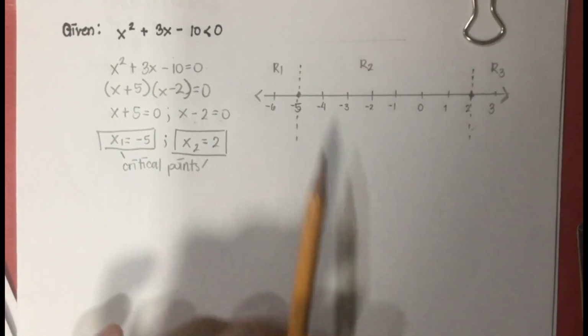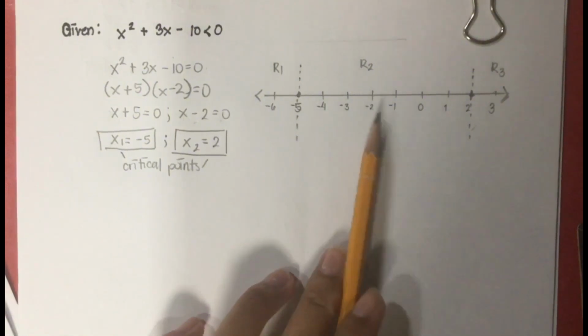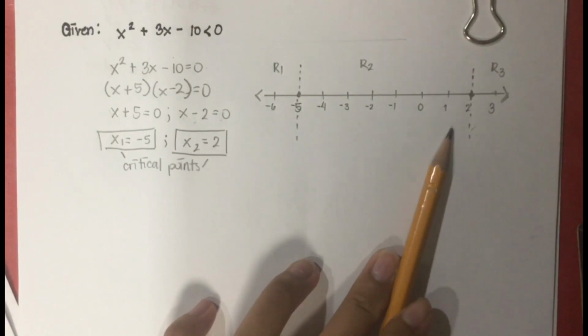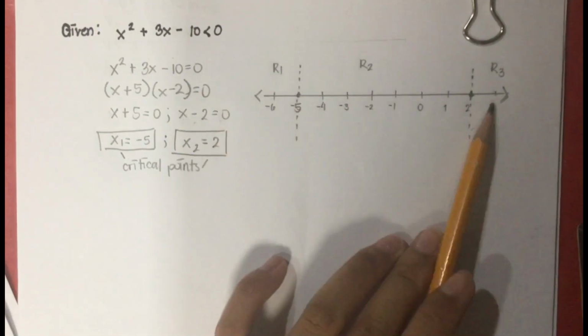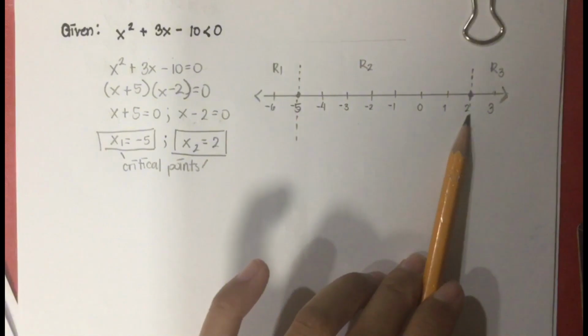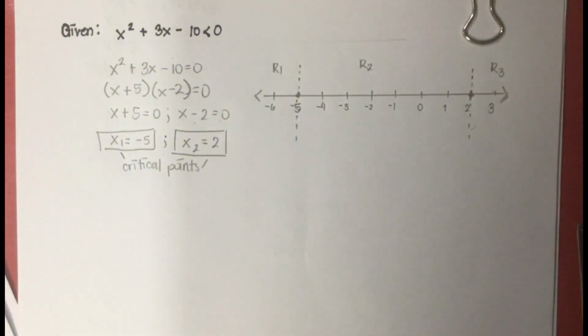Region 2 starts from negative 4, negative 3, negative 2, negative 1, 0, and 1, somewhere between region 1 and region 3. And region 3 starts from positive 2, positive 3, and so on.